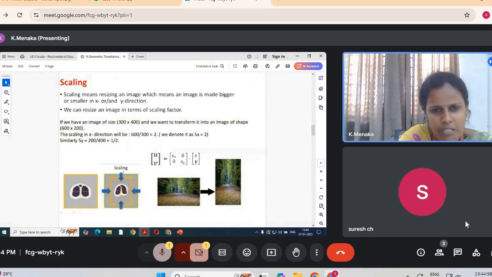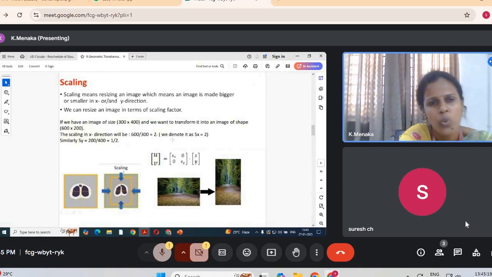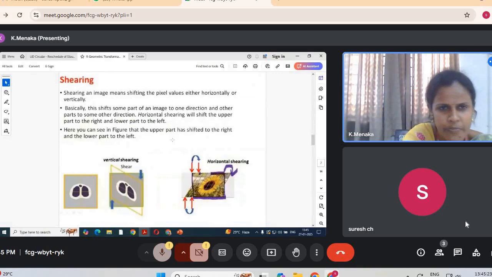The given image size is 300 cross 400, but here the x coordinate is doubled by the factor 2 and the y coordinate is half of the input width. So this clearly explains the resizing concept through the scaling process of geometric transformation.